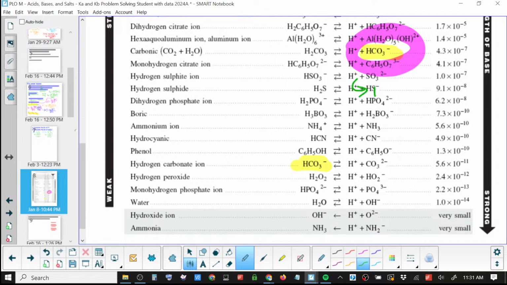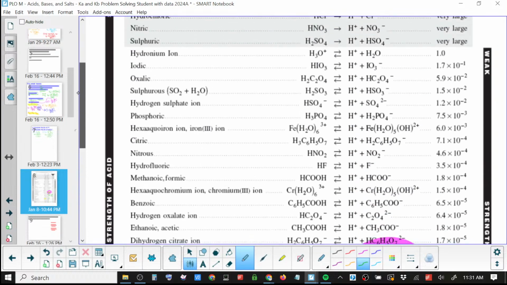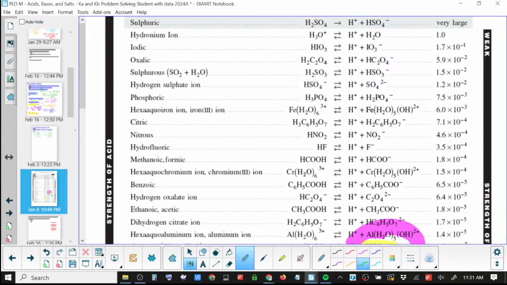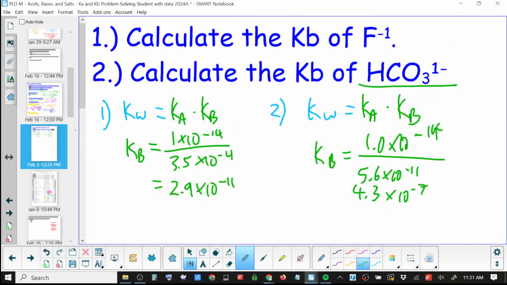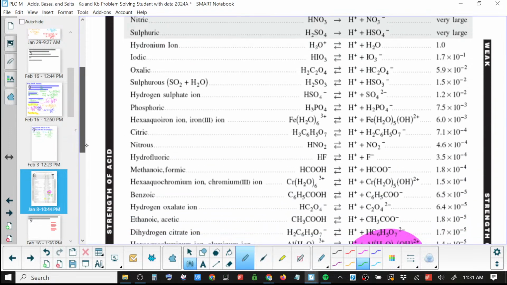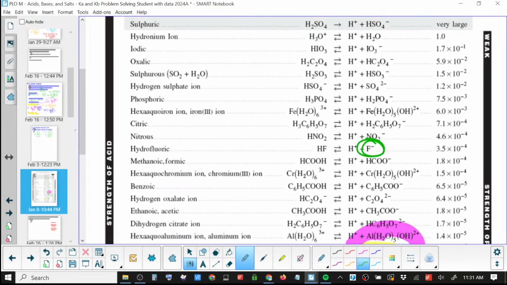Remember, don't drop the base. It's a base, you need it on the base side. If you calculate it using this one, you're calculating the KB of that, the base. And up here, when we calculated for F minus, notice F minus is here.